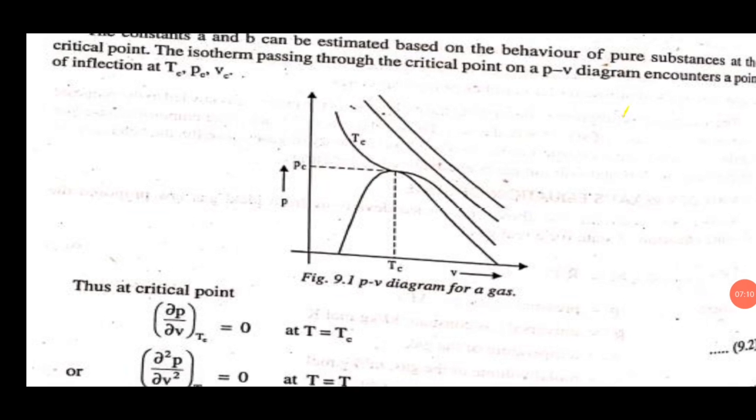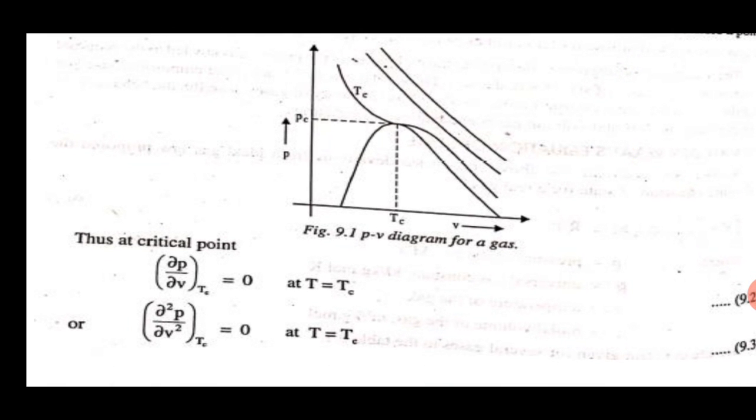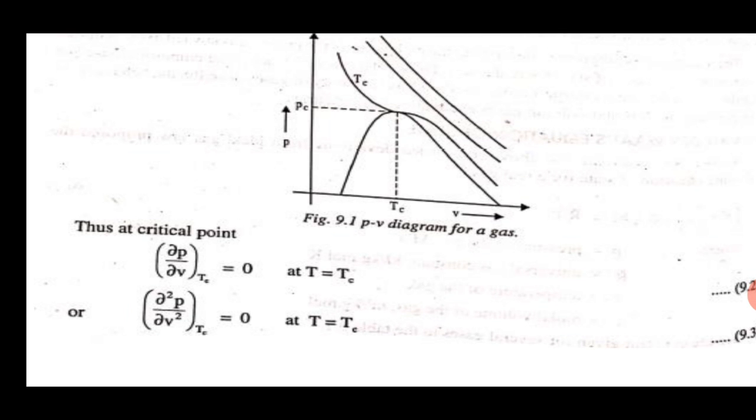So now at the critical point, dou P by dou V at Tc is equal to 0, that is, T equal to critical temperature, and dou square P by dou V square at Tc is equal to 0.